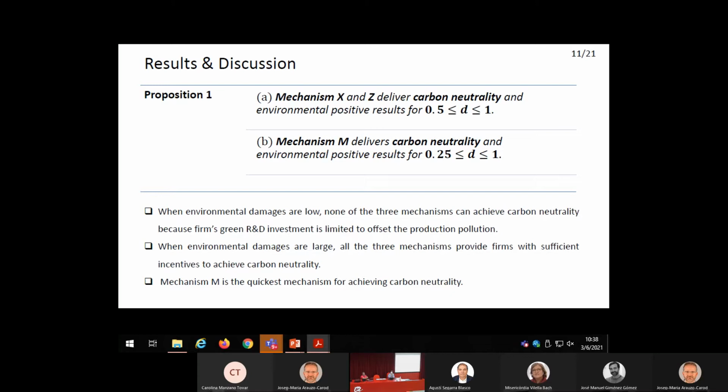And when the environmental damage is in a relatively small region, that is 1/2 to 1, mechanism X and Z can achieve carbon neutrality. However, when environmental damage is in a relatively big region, that is 1/4 to 1, mechanism M can achieve carbon neutrality. To sum up, the lower the cutoff D, the better the mechanism. So mechanism M is the first best because it is the quickest mechanism to achieve carbon neutrality.